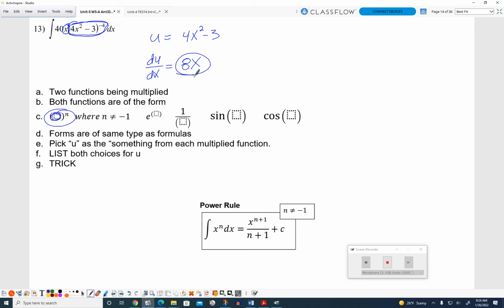So you're saying that since it's 8x and that's x, we can make the 40 equal to 8x by taking like a 5 or something out? We can move the constants. Yeah, the multiplying constant's super easy to take care of.